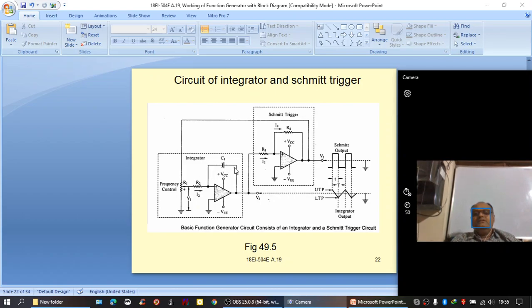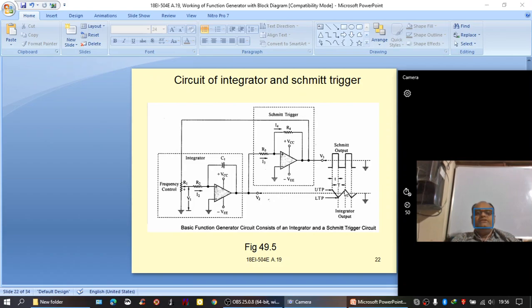The capacitor now starts discharging in the opposite direction. That means when the capacitor is discharging like this, the potential here is plus and here is minus. Current will flow in the opposite direction, a discharging current. So looking at the output, you can see positive here and negative here. So obviously it will be a positive going ramp.